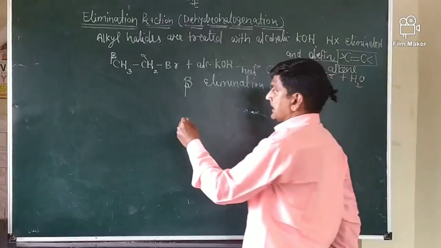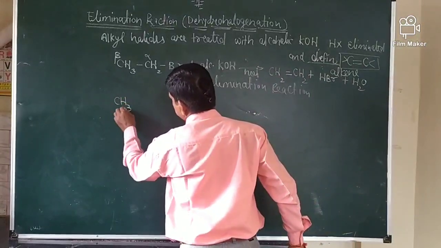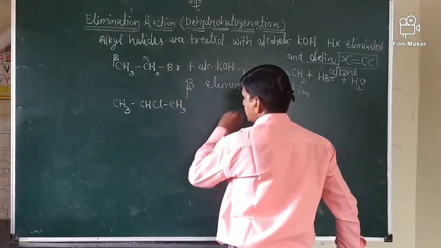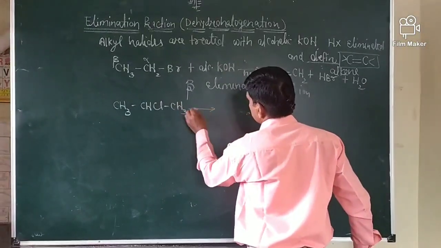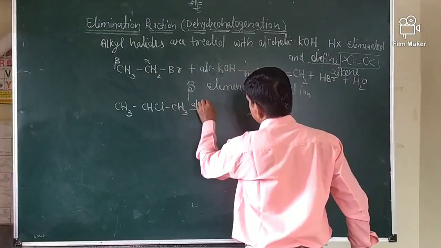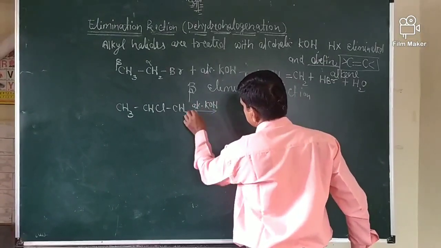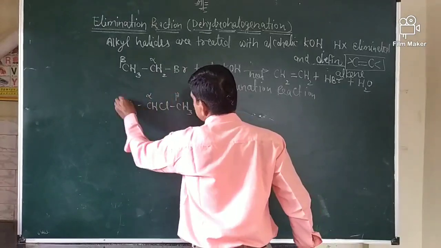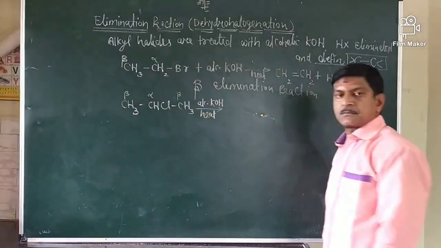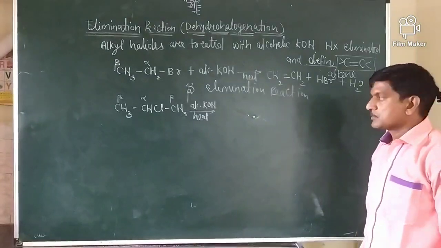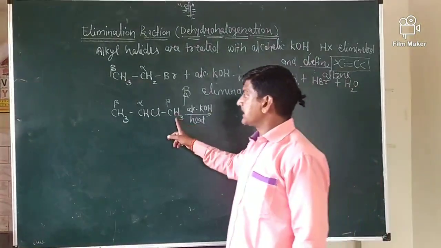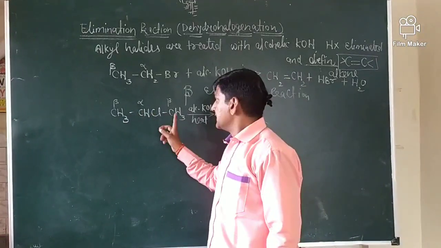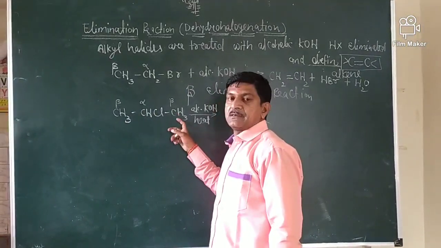Now we'll see another example, CH3CHClCH3, with alcoholic KOH and heat. This is the alpha and this is beta, and this is also beta. Both sides have beta. We will discuss the Saytzeff rule later.